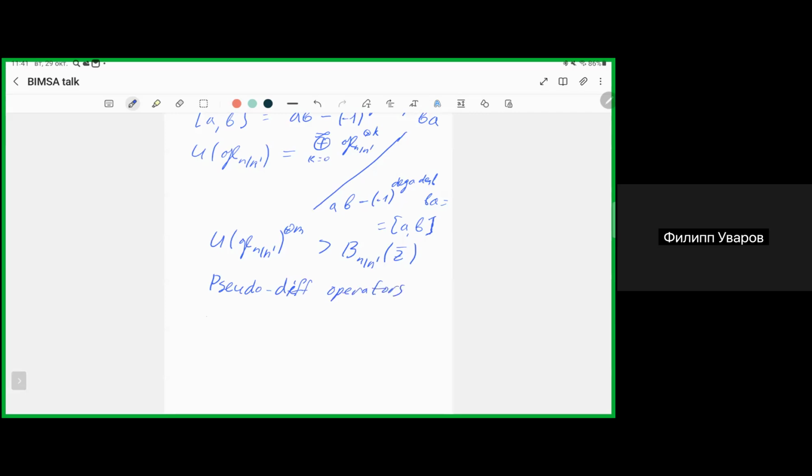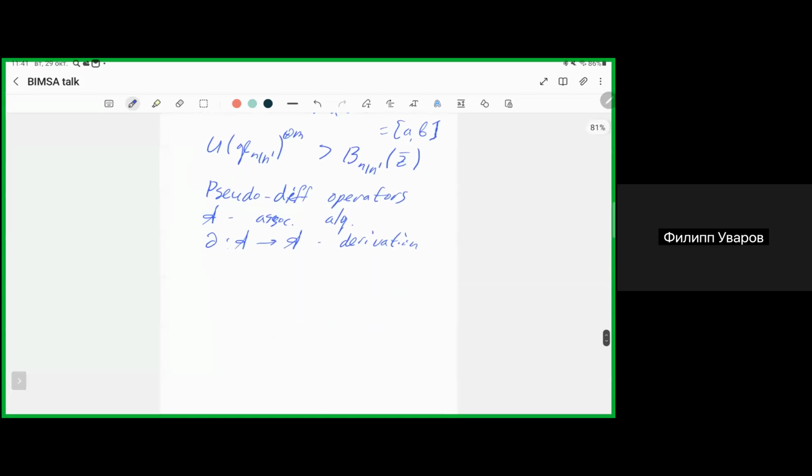So if I have an associative algebra A, and if I have some derivation from A to A, I actually can fix some t, any complex number t, and then I can define what is a pseudo-differential operator of order t.